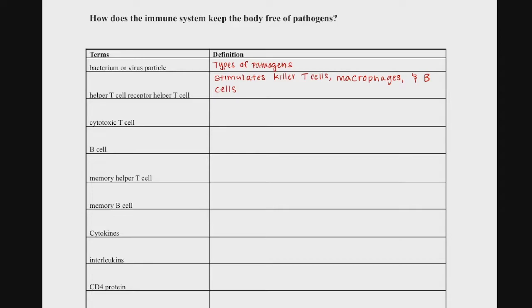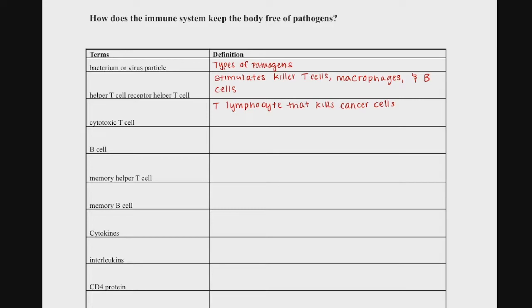Cytotoxic T cell is a T lymphocyte, which is just a type of white blood cell that kills cancer cells, cells that are infected by intracellular pathogens.